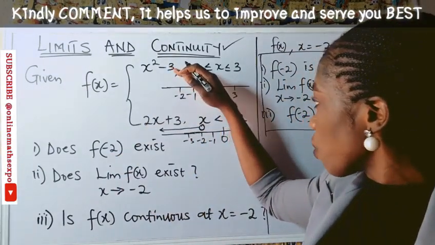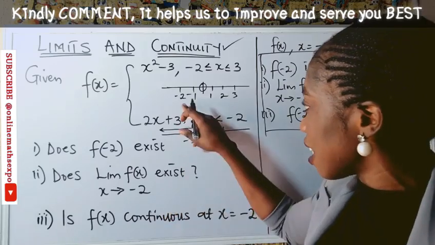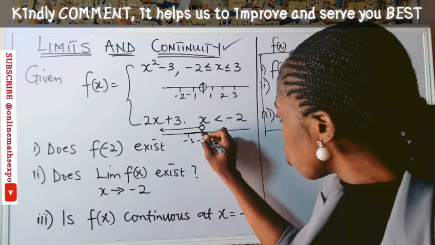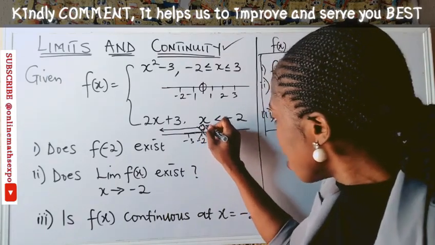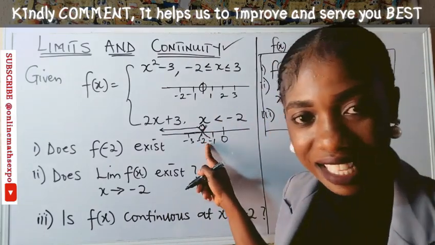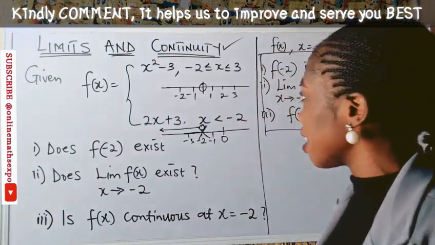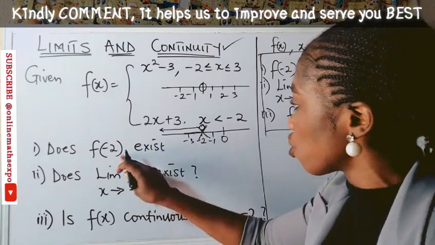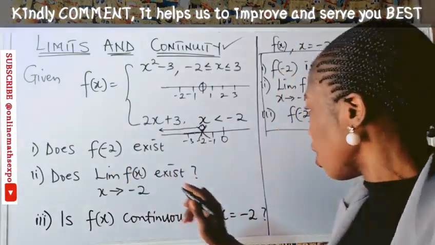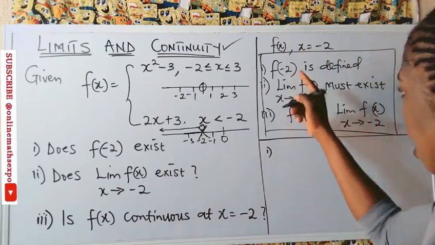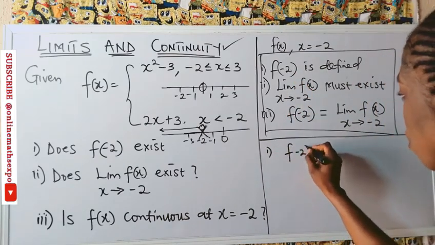Let's go to the first one. Where can we have x at -2? This particular function, because here we cannot use x as -2 since x is less than -2. I hope you got that. So this is the function we are going to use to answer this question. Let's get f of -2.